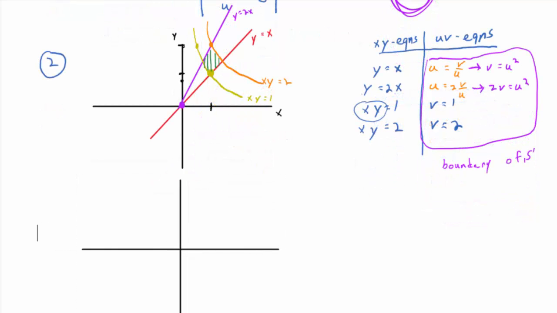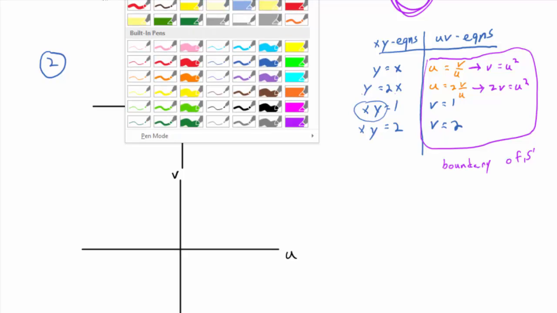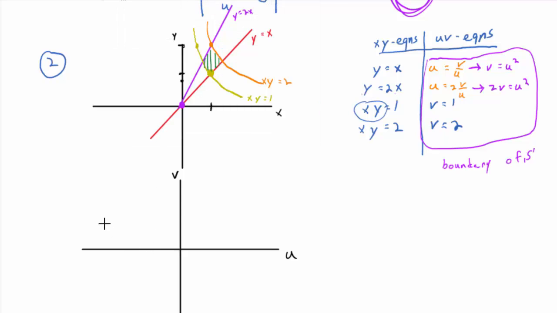So now my horizontal axis is u, my vertical axis is v. So v equals 1 would just be a horizontal line, wouldn't it? I'll call this line v equals 1.